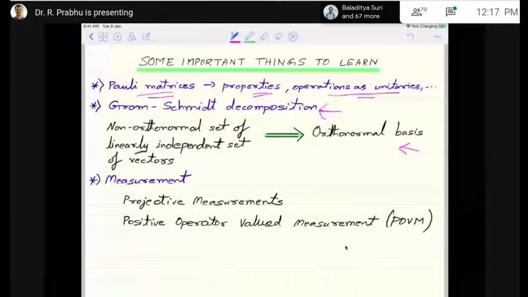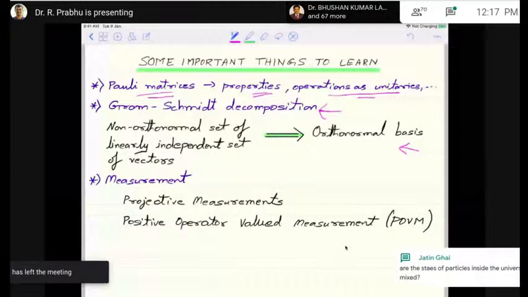So those measurements should be understood. There are projective measurements, and there is a difference between projective measurement and POVM. All these things have to be learned so that you understand the entirety of handling them when you learn more about quantum information.